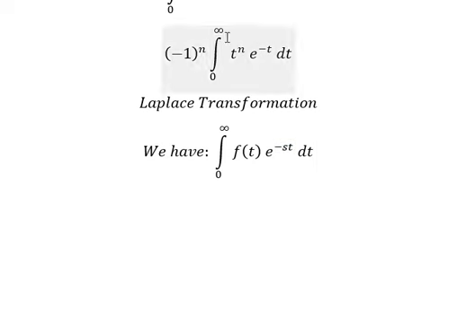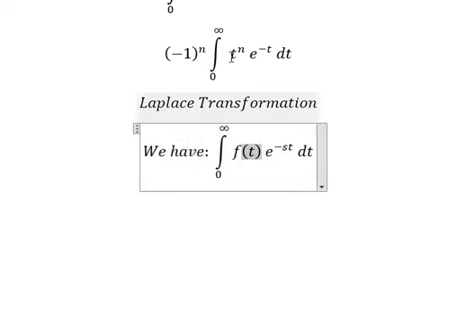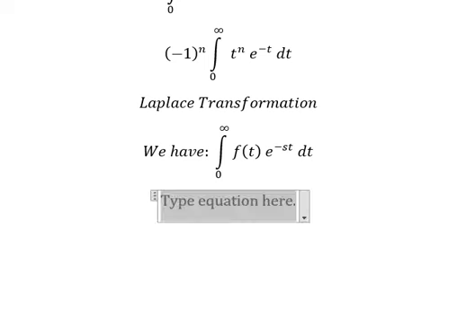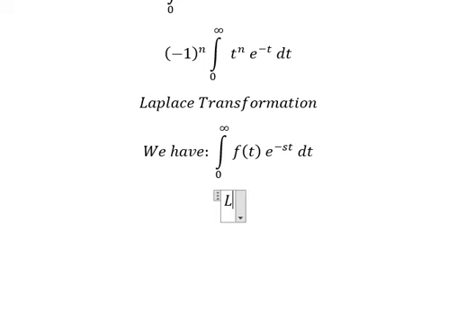We just concentrate on this one only. We can see that f of t is t to the power of n. And we can take the Laplace of t to the power of n in here. And that should be n factorial over h to the power of n plus 1.